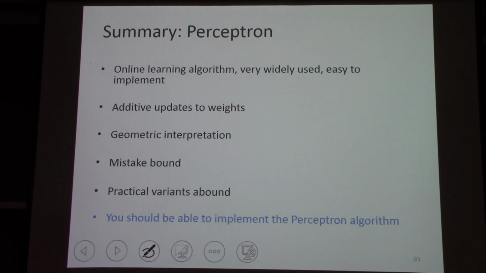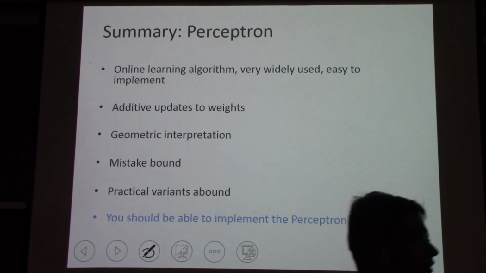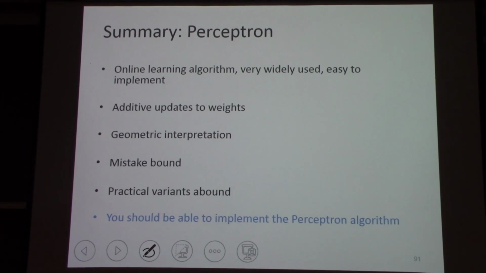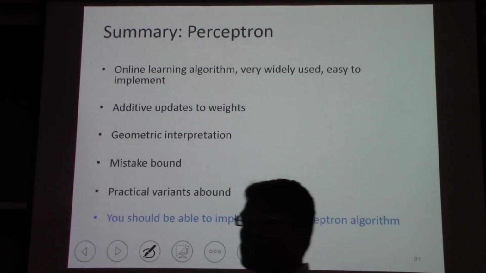The Perceptron algorithm has a mistake bound, and you should know what the mistake bound is. You should be able to derive it. You should understand it. The mistake bound tells us that if the data is separable, the Perceptron algorithm will find the right separator.